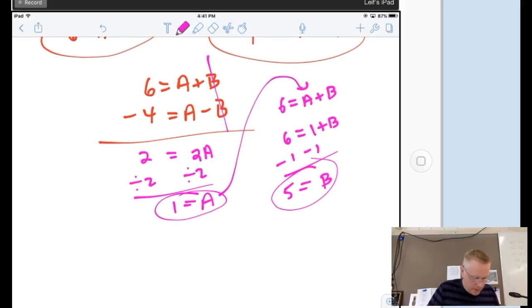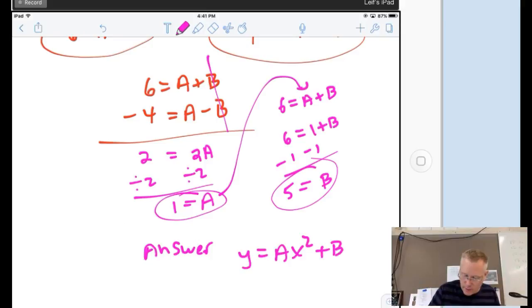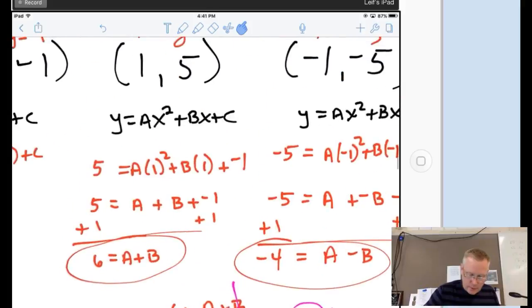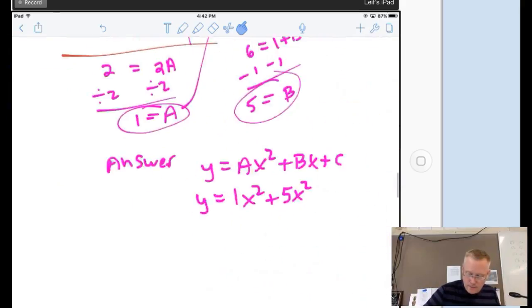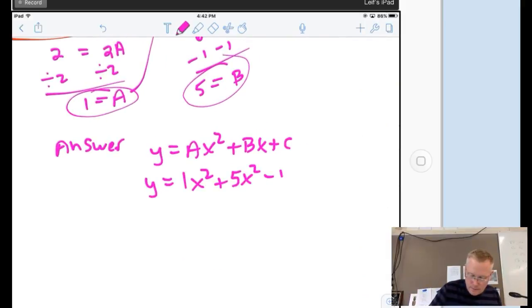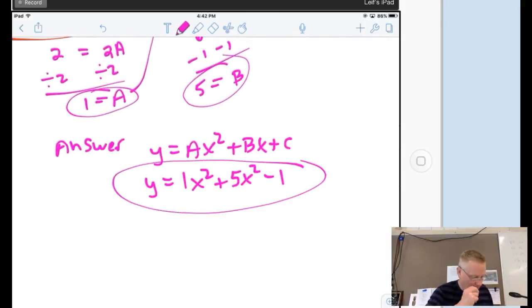And I can write down my answer, because y equals a x squared plus b x plus c, and a is 1, b is 5, and c, we said already up here, was negative 1. And that's the answer.